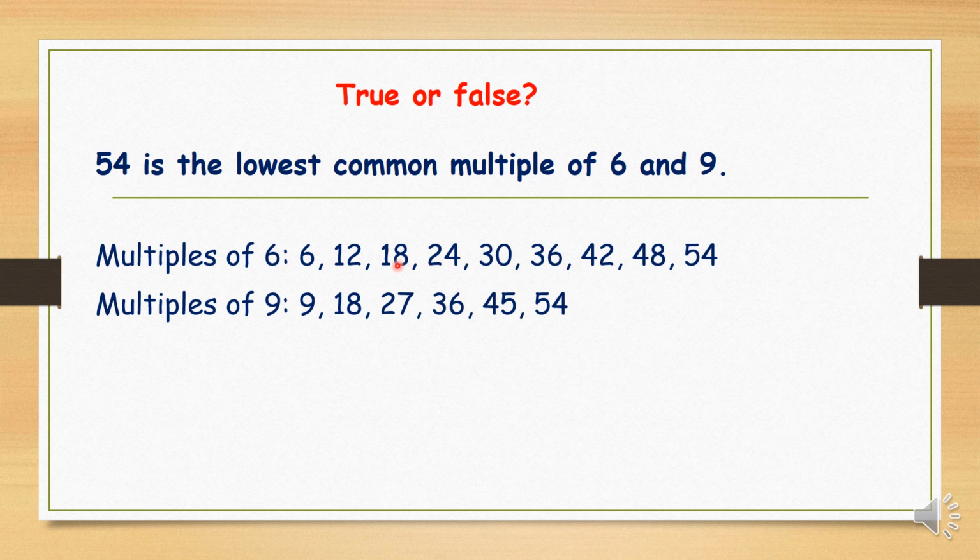We have 18, which is smaller than 54. And so this answer would be false, because 54, even though it is a common multiple of 6 and 9, is not the lowest. The smallest is actually 18.